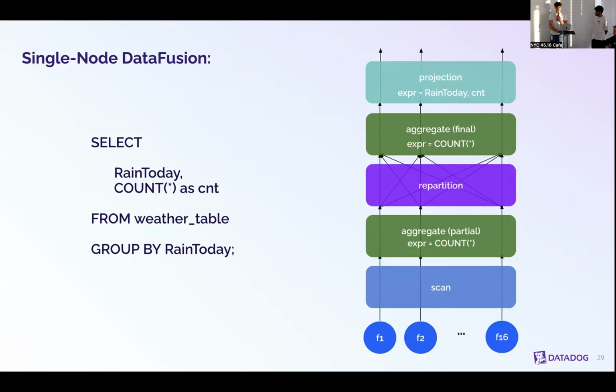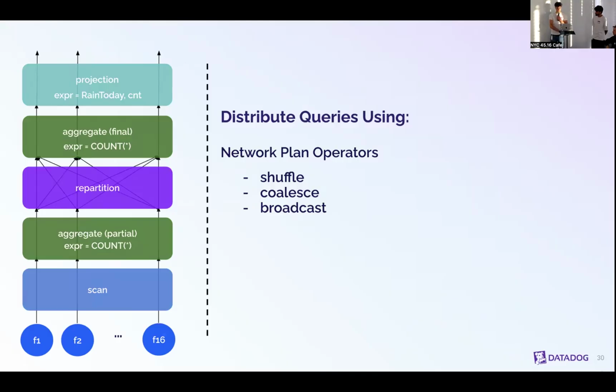Taking this plan, we want to distribute our queries using network plan operators that we implement in distributed DataFusion as just implementations of the execution plan in single node DataFusion. These are the shuffle, coalesce, and broadcast. Then we apply some custom optimizer rules to get our distributed plan.